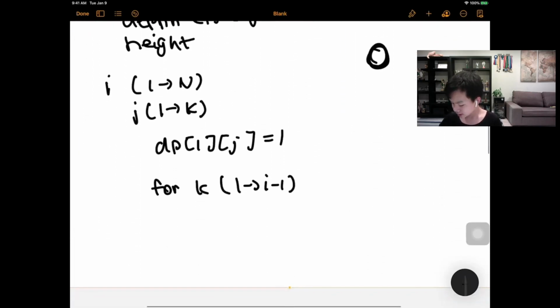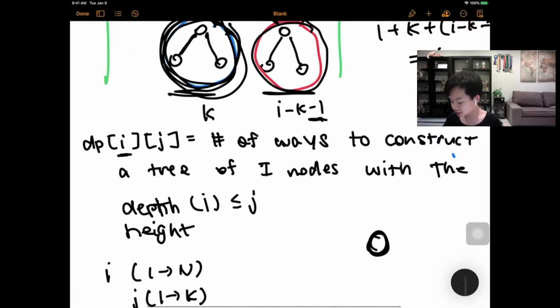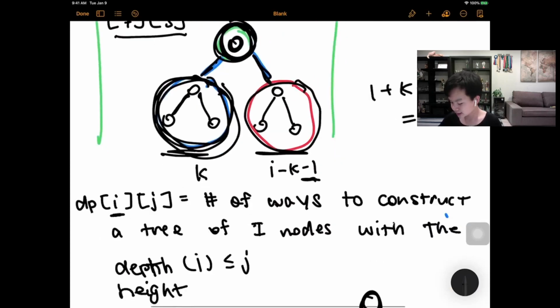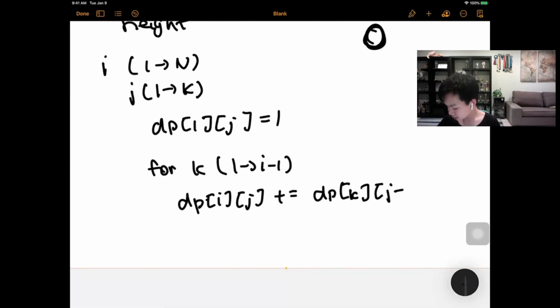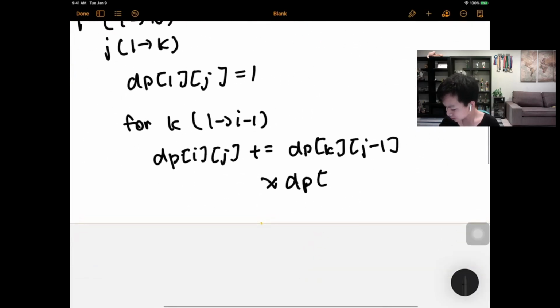Okay, so then for each of these we can just increment this by dp of k, as I said before. And then since we're actually using one less distance, you would do j minus 1 times dp of, as I said over here, i minus k minus 1, and j minus 1.